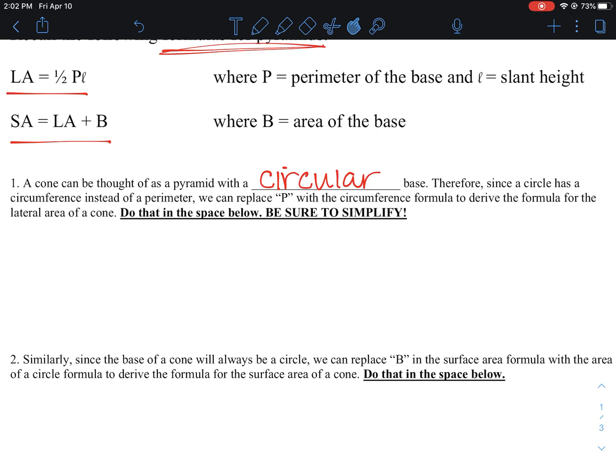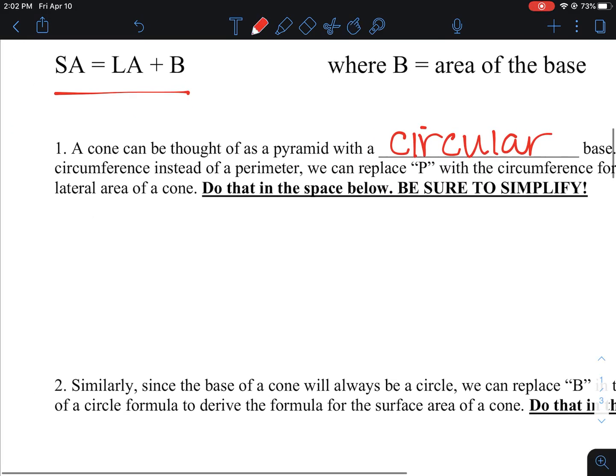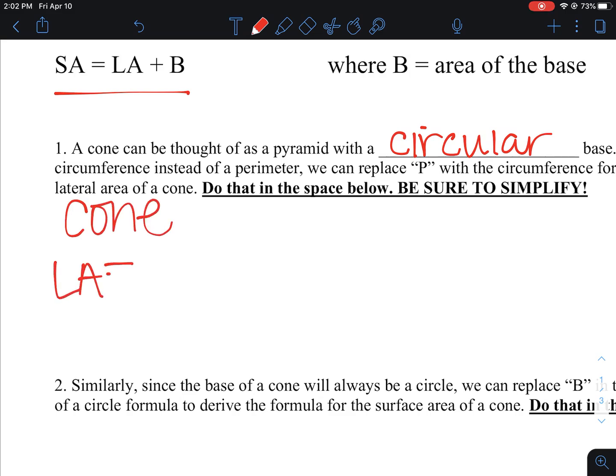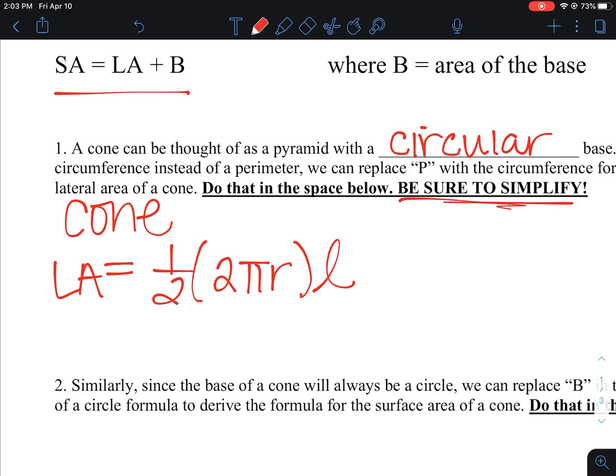So let's do that in the space here. So for a cone, for lateral area, instead of saying 1/2 times P times cursive L, we would say 1/2 times 2 pi r times the cursive L, right? But notice this says be sure to simplify. That's because what happens when you divide and multiply by the same number?